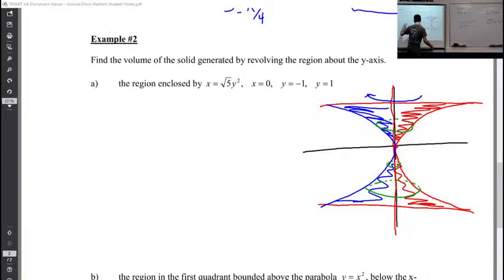So that means it's just going to be pi r squared. Because we just have a disk this time. We just have the circles. Instead of having to work with a washer. So we want to find what our radius is. Our radius is this distance right here. Or down here with this disk, it's this distance right here.